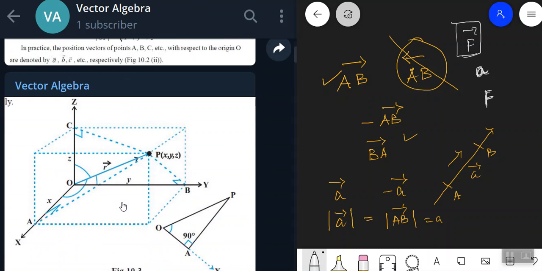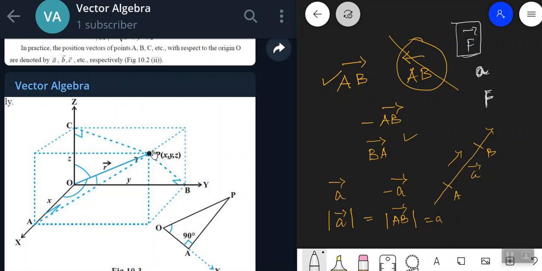Right. Now let us consider this cube. Here O is the origin, with OX along the x-axis, OY along the y-axis, and OZ along the z-axis. OA is represented as x, OB as y, OC as z.